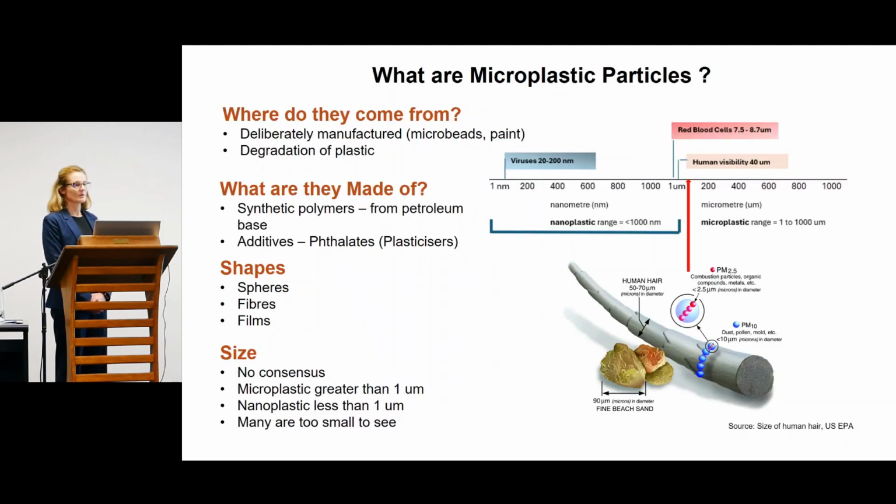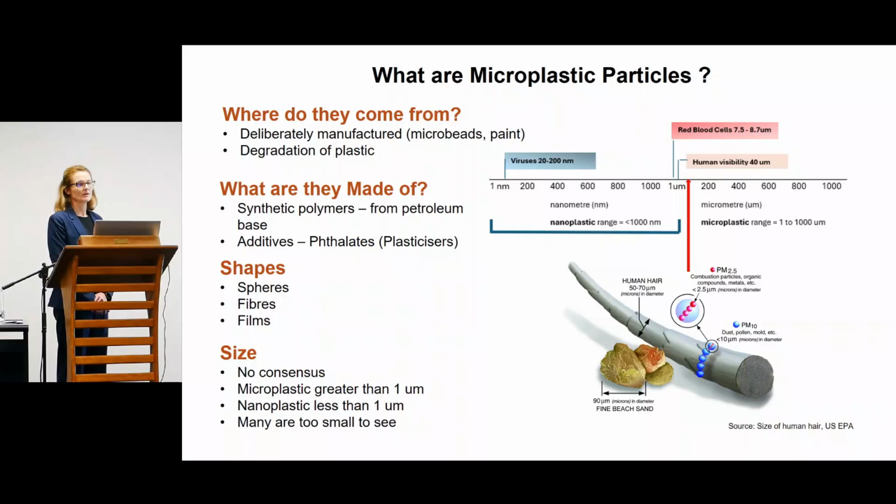So what are microplastic particles? They are formed in two ways. Firstly, they are deliberately manufactured, for example microbeads in facial cleansers, products in paint, or they can be the result of degradation of plastic once it is in the environment.